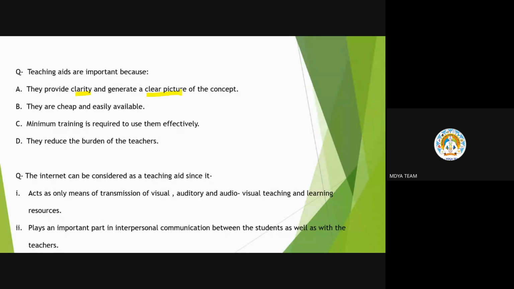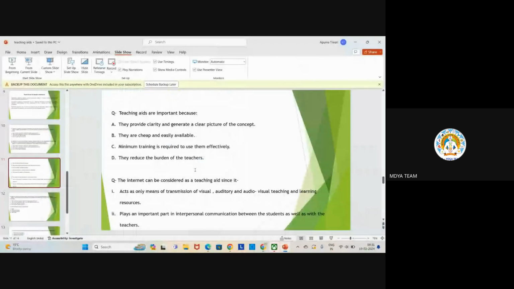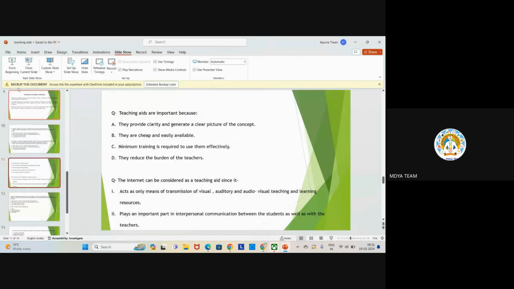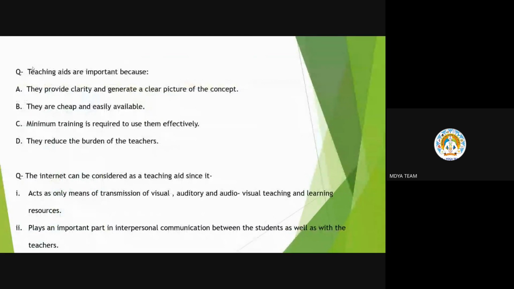Now, I have written only two options for this question. Solve this question.